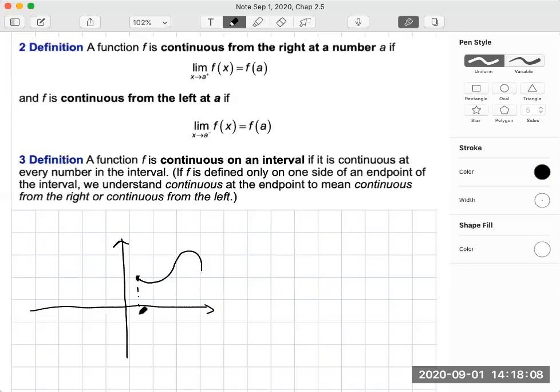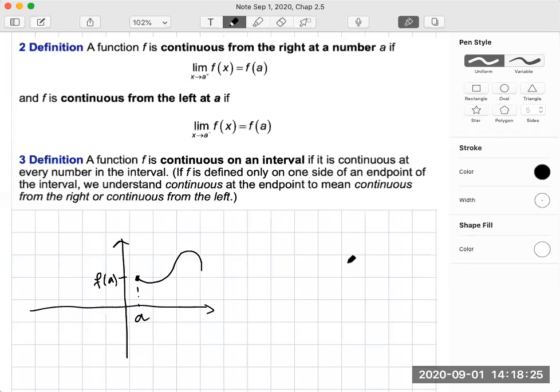And this is our point A. We go from the right side. The limit of this is exactly the value f of a right here. This point does belong to the graph.